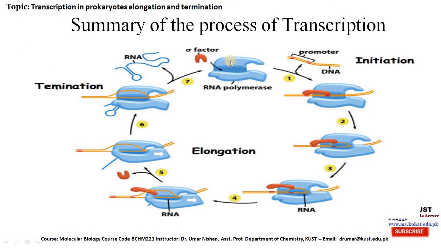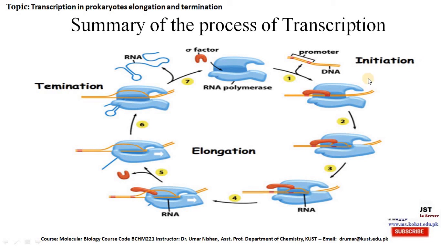Here, this slide is showing the overall summary of how this whole process of transcription works. This is the sigma factor of RNA polymerase. This is RNA polymerase in step 1. It attaches to the promoter region. This is the DNA that has to be transcribed.